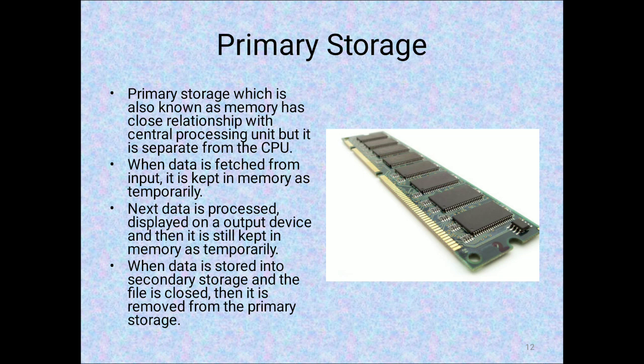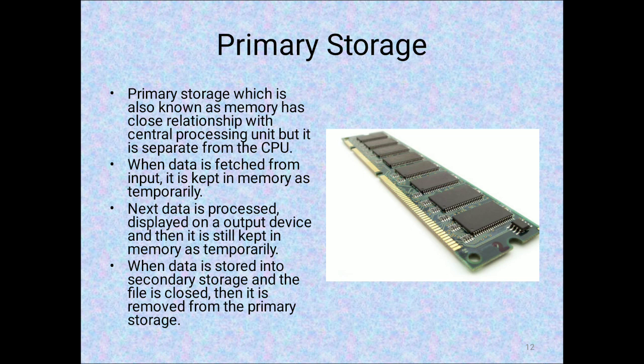It is volatile, and another storage device is the secondary storage device, which is permanent, where the data will be stored permanently. After the data is processed and displayed on the output device, it is still kept in memory temporarily. Data is displayed on the monitor, and still the data is available in the primary memory.